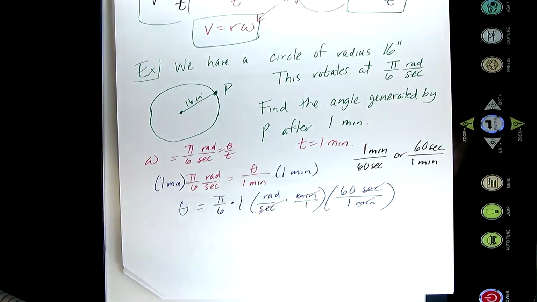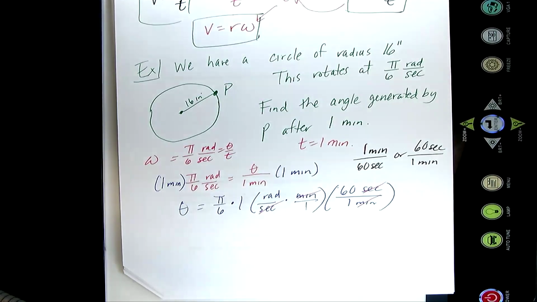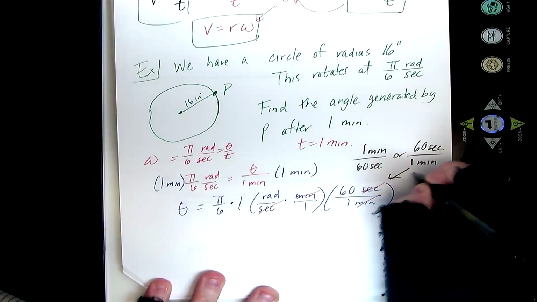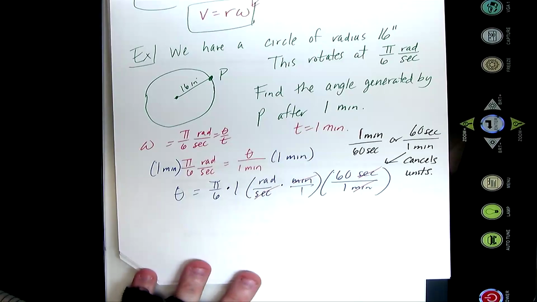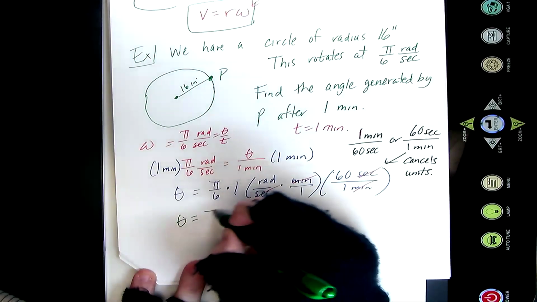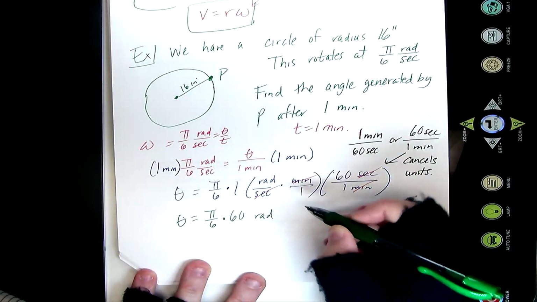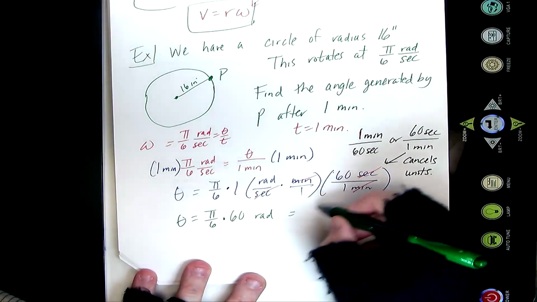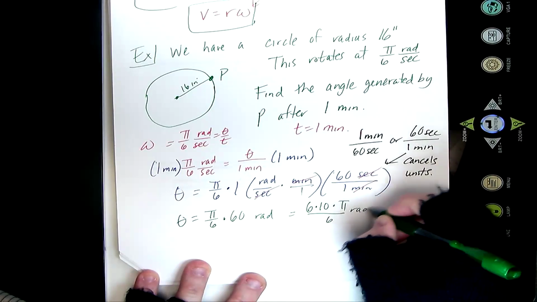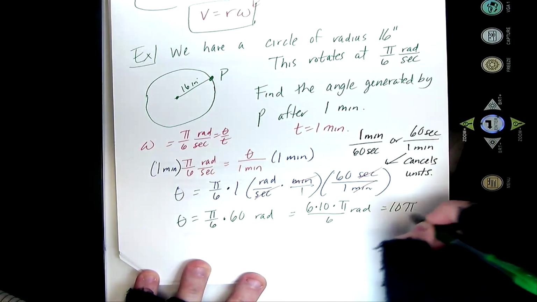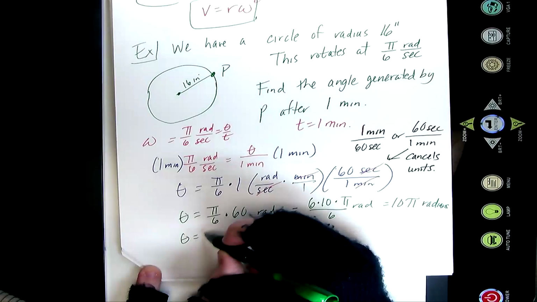They both are the same relationship, but this one will cancel out the units we need it to. So I have theta equals pi over 6 times 60, and all I've got is radians left. 60 is 6 times 10, and I get 10 pi radians, or theta equals 10 pi.